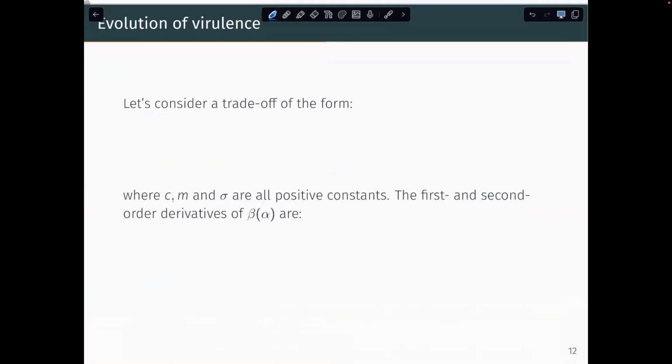So let's consider a trade-off that looks like this. Beta of alpha is going to equal some constant c plus m times alpha. You can think of this as being some linear term here. And then we're going to add on sigma times alpha minus alpha star squared.